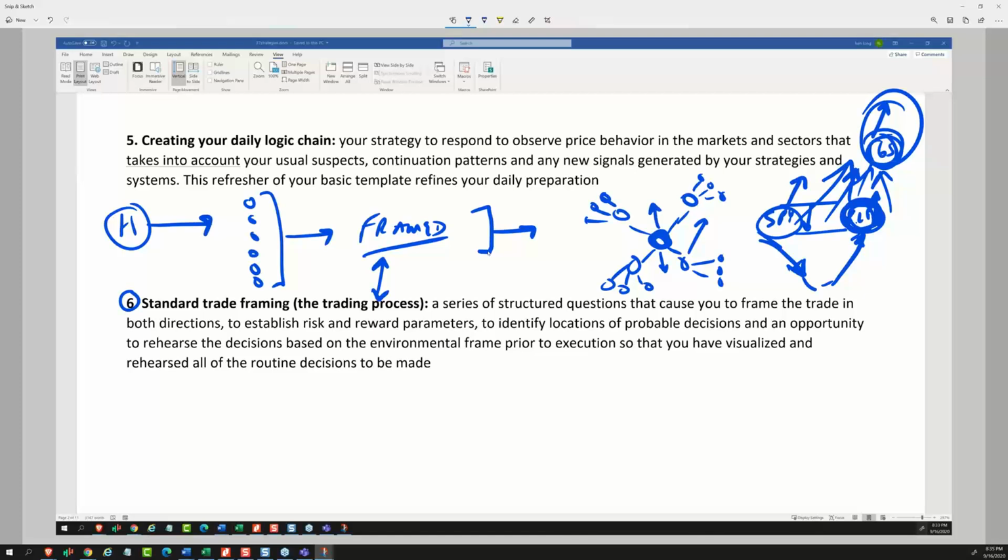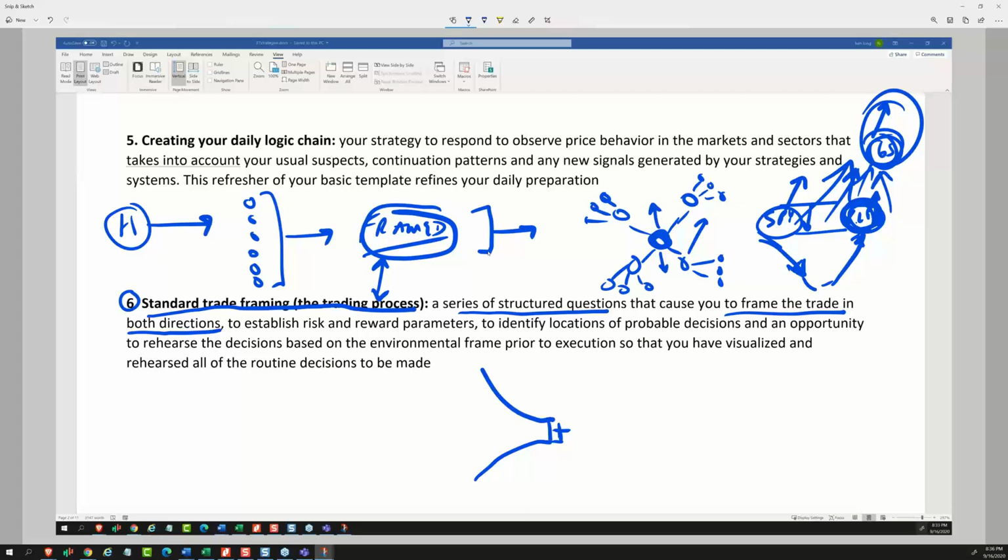So the trade framing then are the specific scaffolding and decision points that we build, a series of structured questions that cause us to frame the trade in both directions. So we're ready for, remember, because we had something like a critical state that maybe ended in a doji.